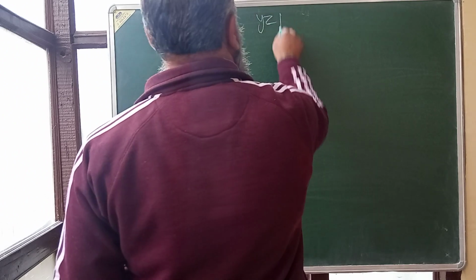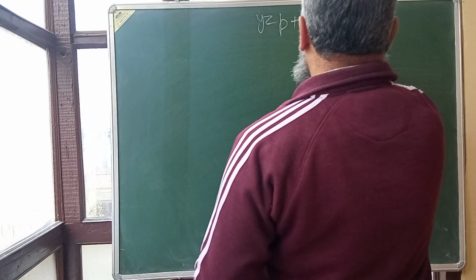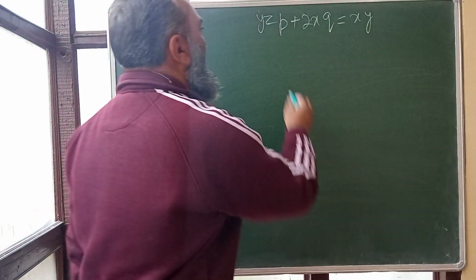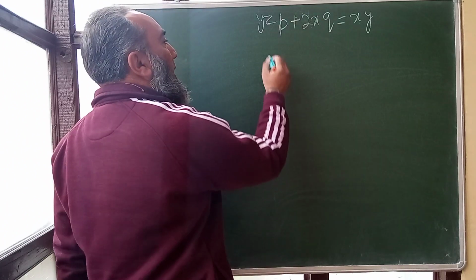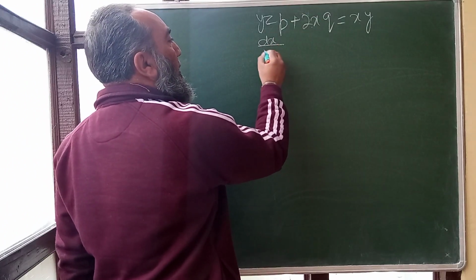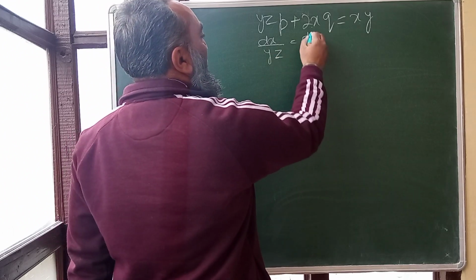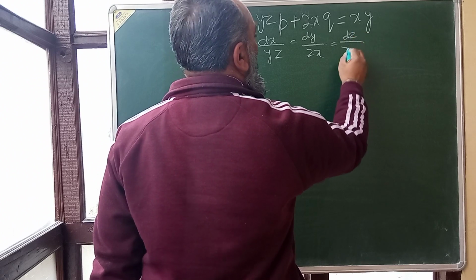yz p plus 2x cube q equal xy. This is Pp plus Qq equal R. Let me write down. The Lagrange's auxiliary equations are dx by yz, dy by 2x, dz by xy.